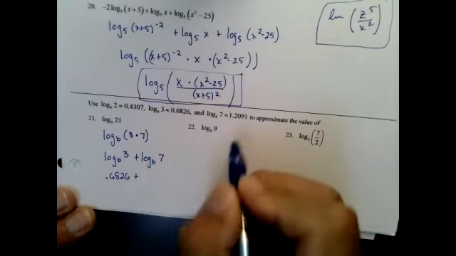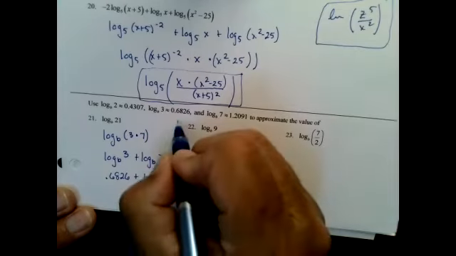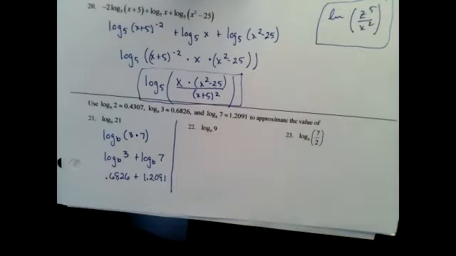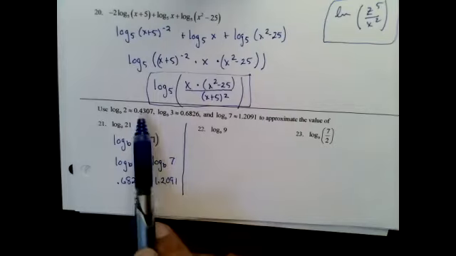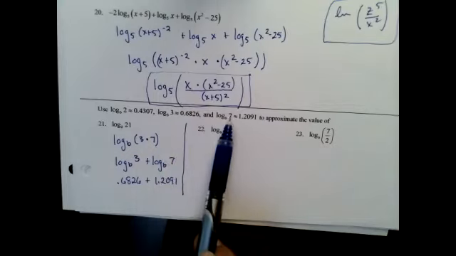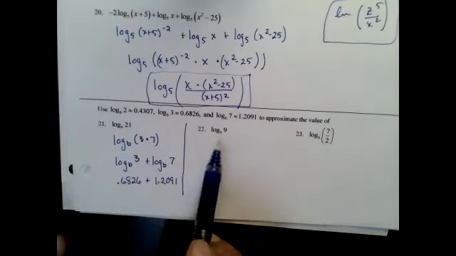0.6826 plus 1.2091. I'm not going to grab my calculator to do that. You're all capable of doing it. But I was able to take something I didn't know and rewrite it. I have 2, I have 3, and I have 7. 21 I broke apart as 3 times 7.